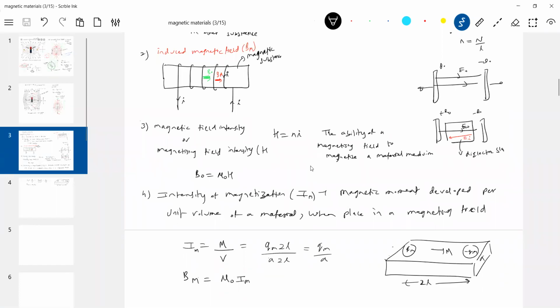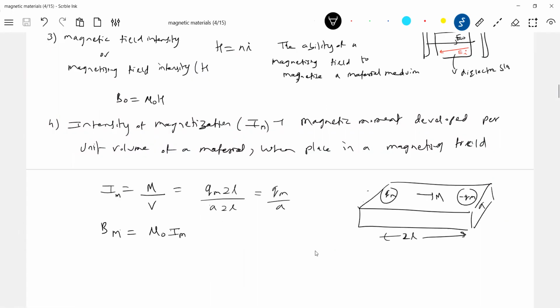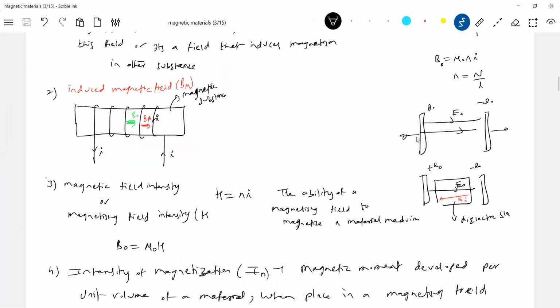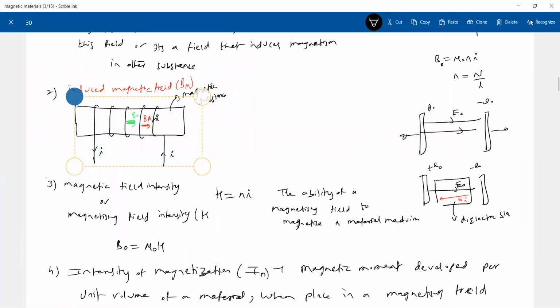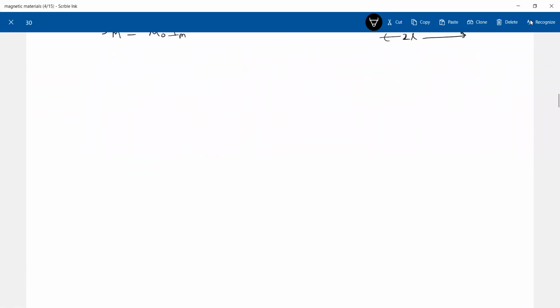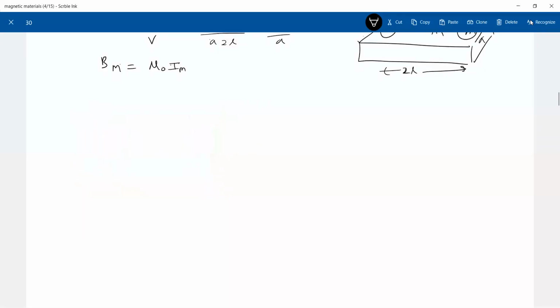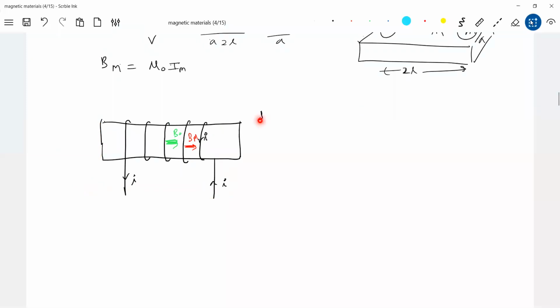induced magnetic field. Now, in a substance, what is the total magnetic field? I'll bring this diagram. What is the resultant magnetic field?